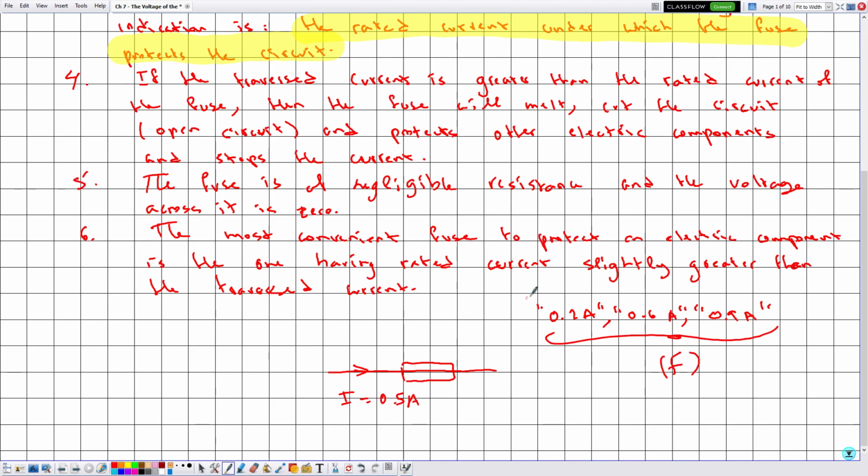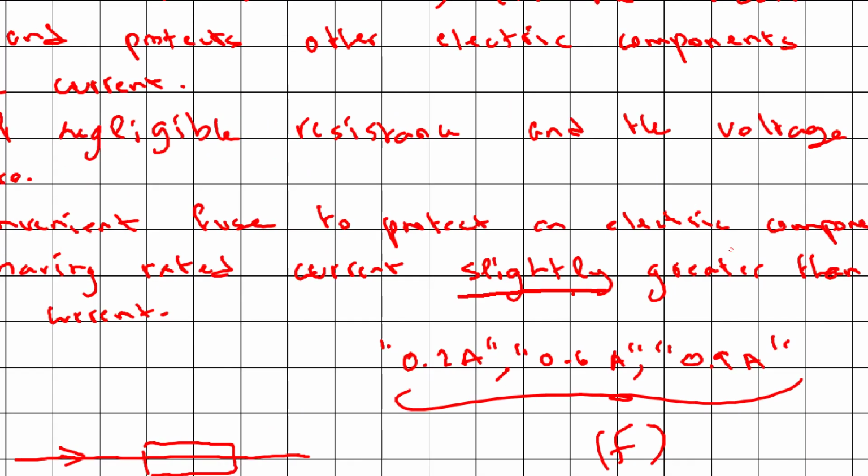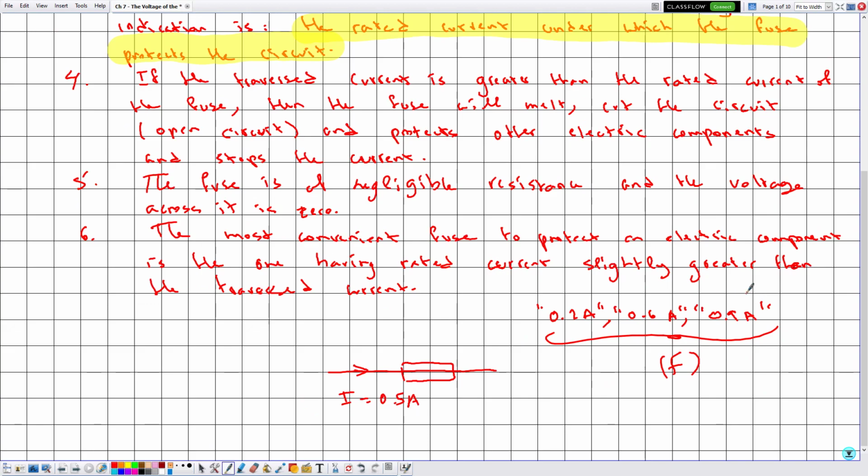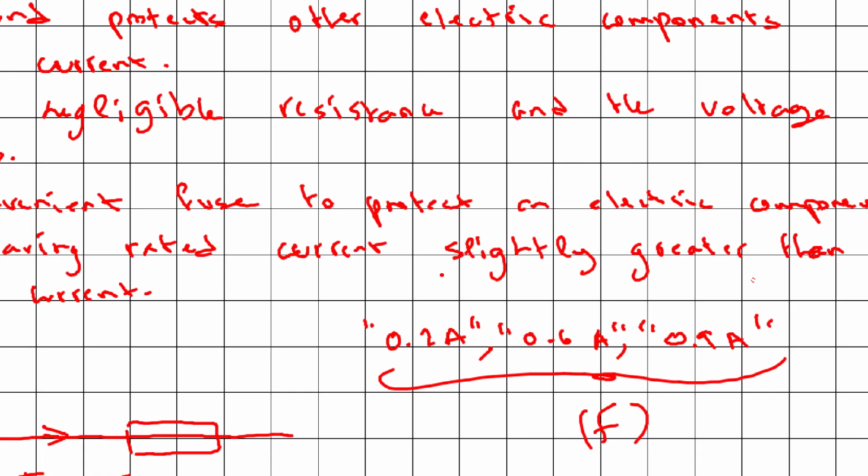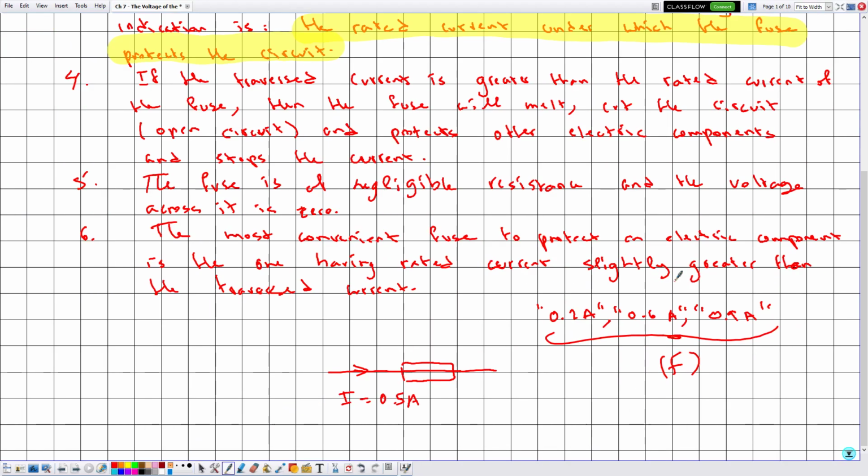They are telling me the most convenient fuse to protect an electric component is the one having a rated current slightly greater than the traversing current. Slightly greater means the closest.